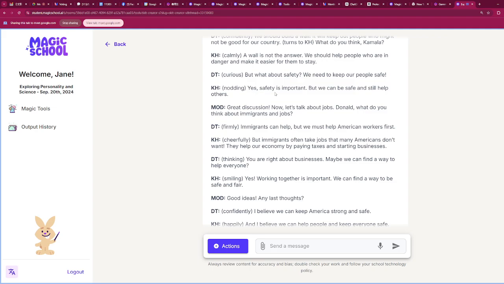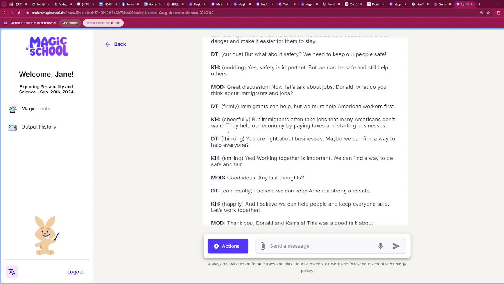Kamala, yes, safety is important, but we can be safe and still help others. And the moderator says, great discussion. Now let's talk about jobs. Donald, what do you think about immigrants and jobs? Donald Trump says, immigrants can help, but we must help American workers first. Kamala says, but immigrants often take jobs from many Americans don't want. They help our economy by paying taxes and starting businesses. And Donald says, you are right about businesses. Maybe we can find a way to help everyone.